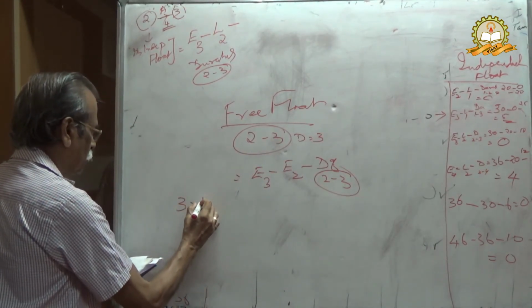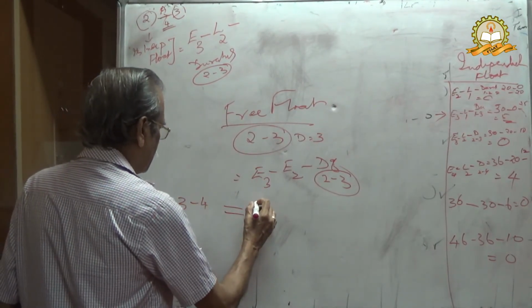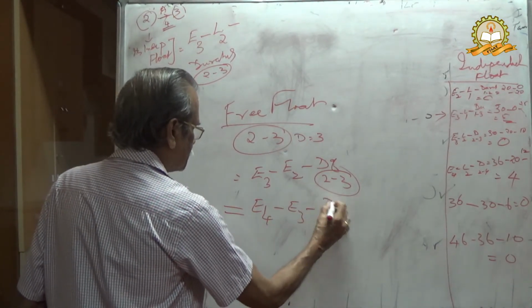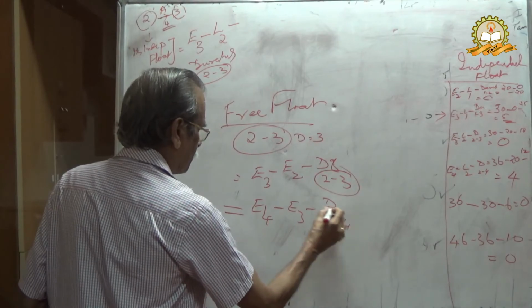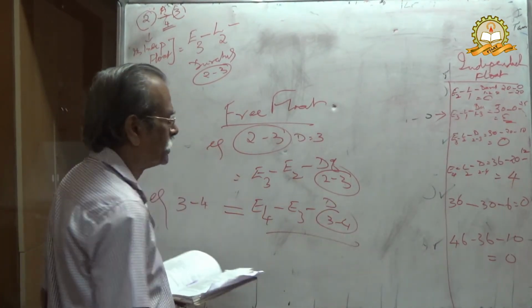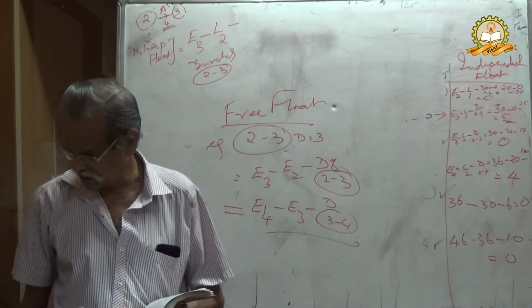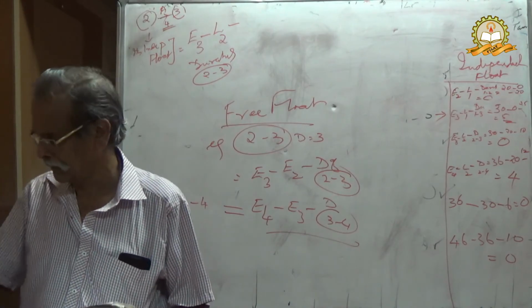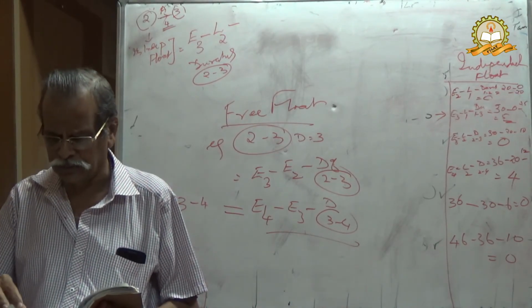Similarly, for 3-4, free float will be E4 minus E3 minus duration of 3-4. So independent float is important, whereas free float they have not so far asked.